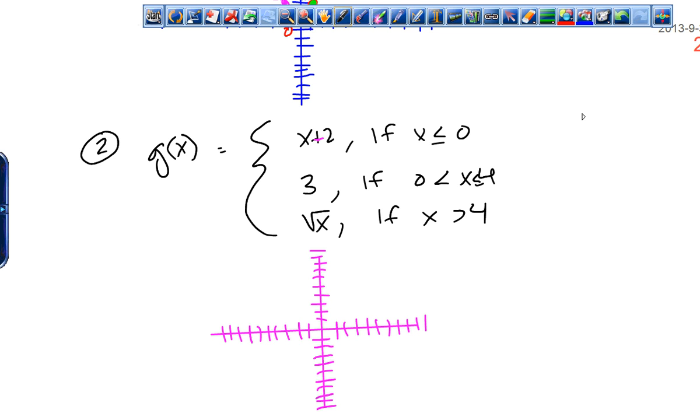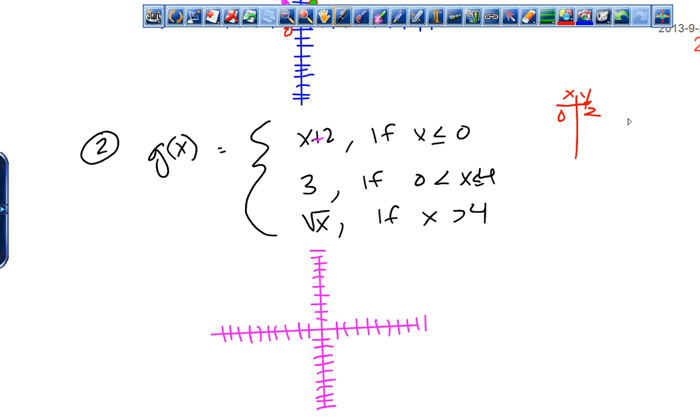Same thing. Start with the x and the y's. Now everything's smaller than or equal to 0, so that means I'm going to start with 0. Plug it in here. So what's my first y value? 2. Now we're going bigger than 0 or smaller than 0?